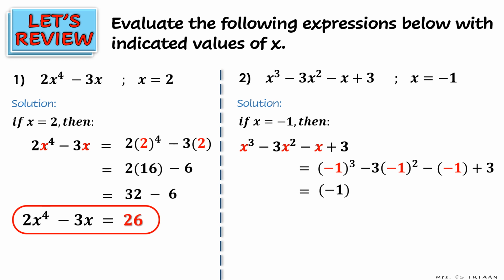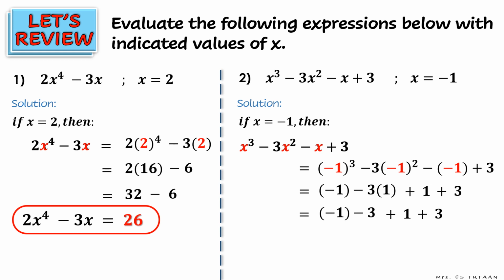Okay, so we simplify this. Negative 1 raised to the 3rd power is negative 1. And then, negative 1 raised to the 2nd power is positive 1 times 3. And then, minus negative 1, that will give us plus positive 1 and then plus 3. And then, simplify negative 3 times 1. So, that is negative 3.